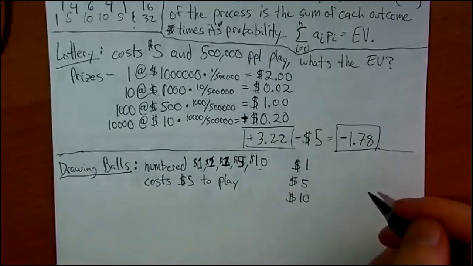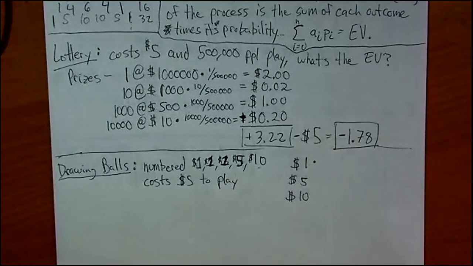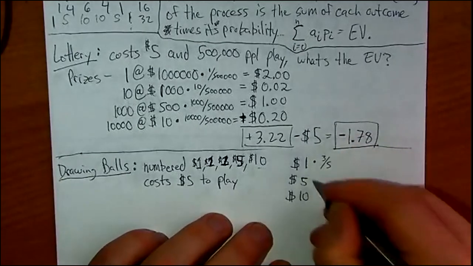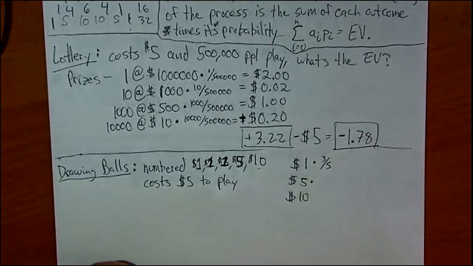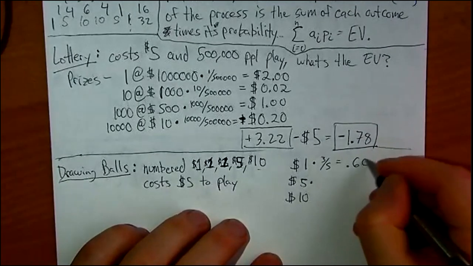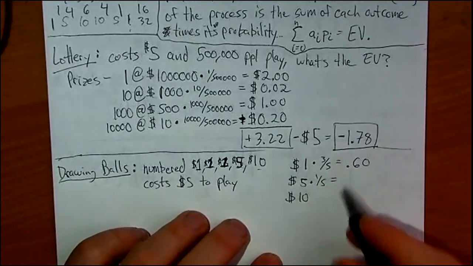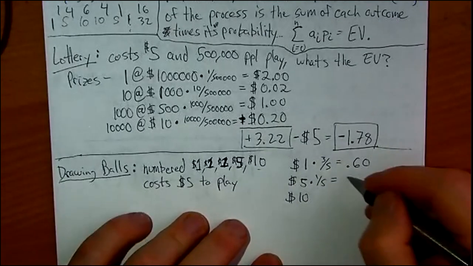Okay, and then we want to multiply by the probability of each of those happening. So what's the probability that I get $1? Okay, 3 out of 5. $5, what's my probability there? Okay, 1 out of 5, which the expected value then if I multiply is going to be worth $1.